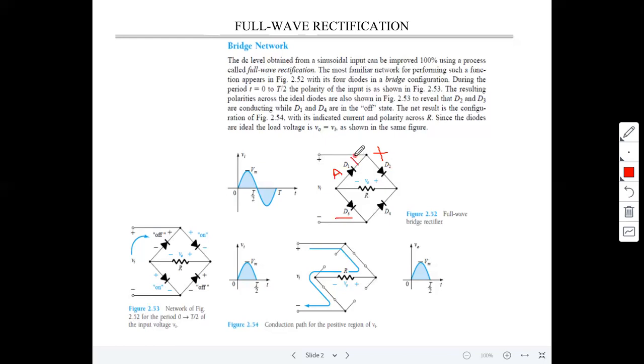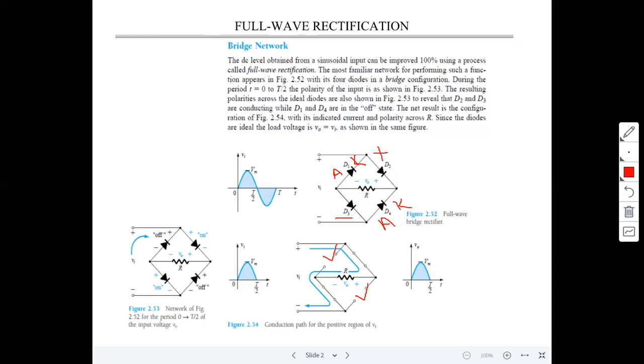Here the anode terminal is negative and the cathode terminal is positive, so the diodes D1 and D4 are off. Off means open circuit. Here diode D1 and diode D4 are off, open circuit.